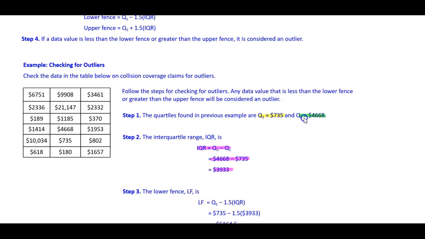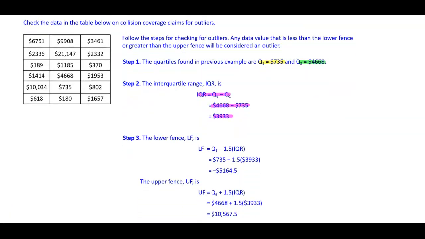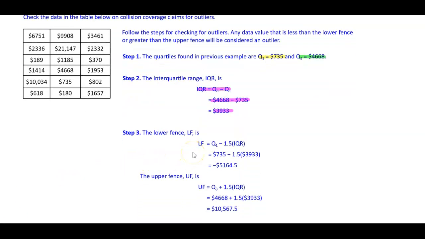Now we want to find the lower fence. The lower fence is quartile 1, which is 735, minus 1.5 times the interquartile range. So 735 minus 1.5 times 3,933 gives us negative 5,164.5. Let's confirm that on our calculator.